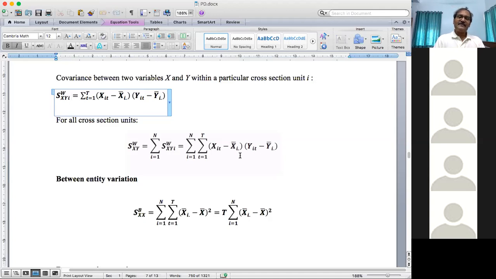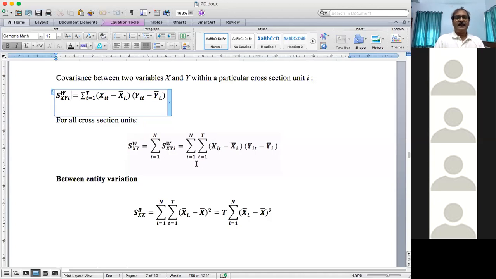As we have a two-dimensional variation, one dimension across I and another over time, we have to take the sum twice, one across the cross section units, then over time, and x also varies in a two-dimensional way, one across I and then over time t.